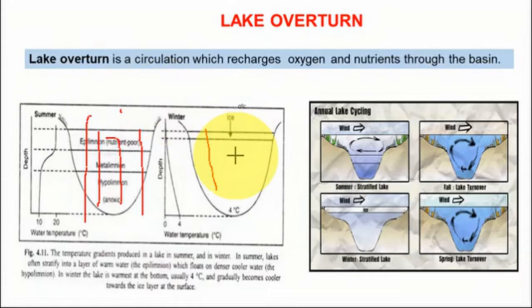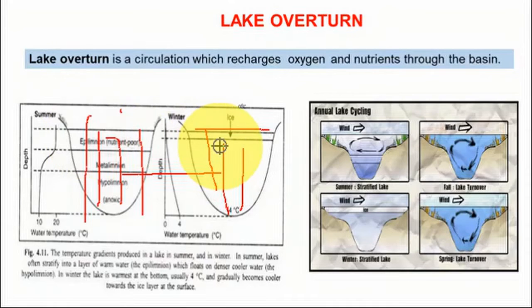But when it comes to winter, the lake is covered with ice, and the lower layer has water at 4 degrees Celsius. Obviously, this situation will not favor the nutrients and oxygen which were available during summer. So there is a difference in oxygen and nutrients in the winter lake compared to the summer lake.